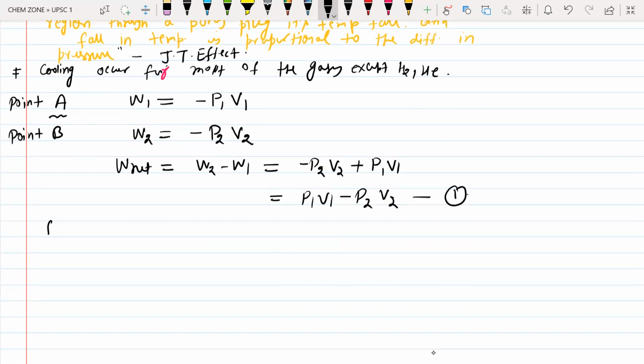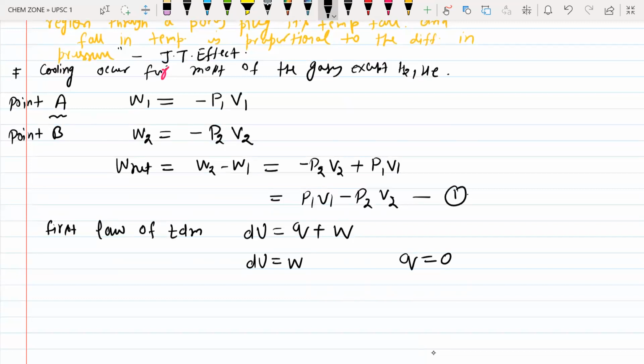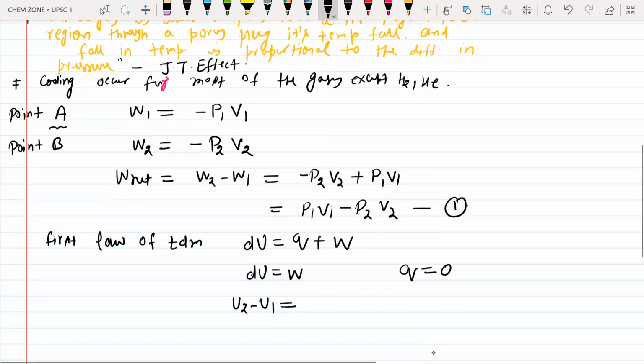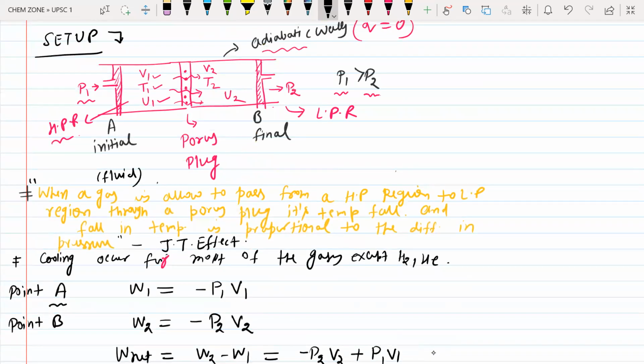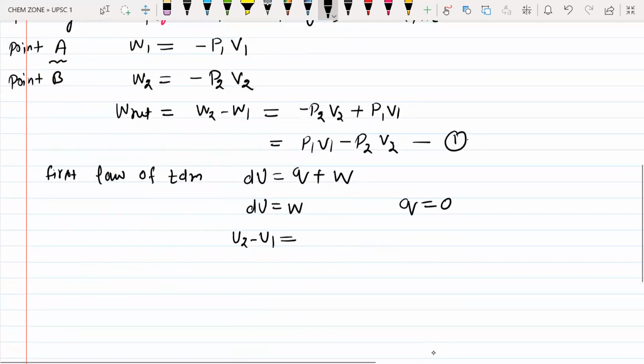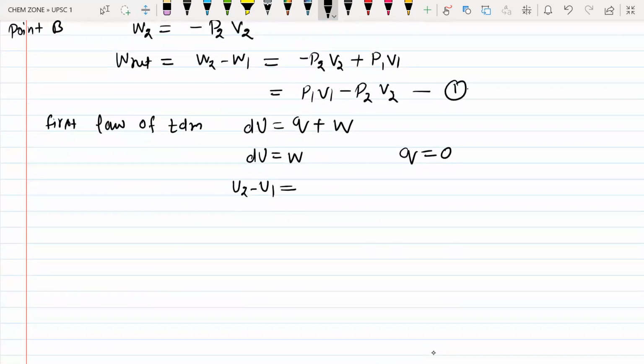Now, let's apply the first law of thermodynamics. We know that dU is equal to Q plus W. But Q will be 0 as the process is adiabatic. In the experiment, internal energy changes from U1 to U2, so the net change will be U2 minus U1.